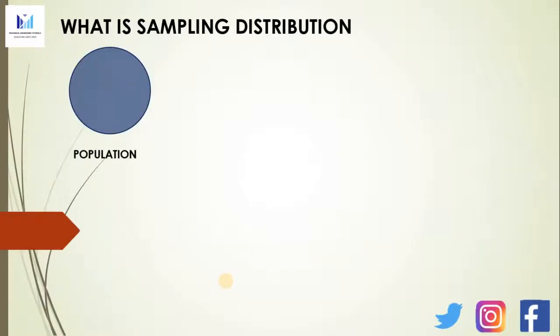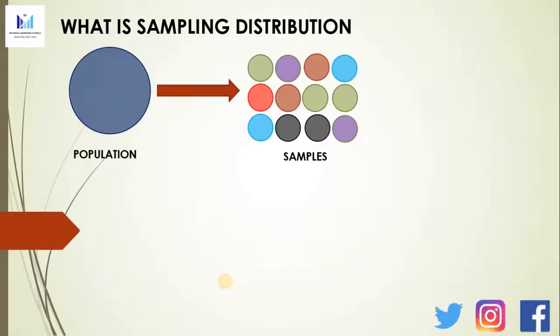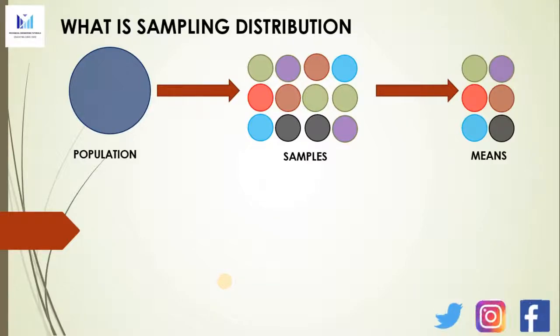Here, consider all possible samples of size n which can be drawn from a given population at random. For each sample, the mean can be calculated, and these means, which are usually not identical, can be grouped according to their frequencies.